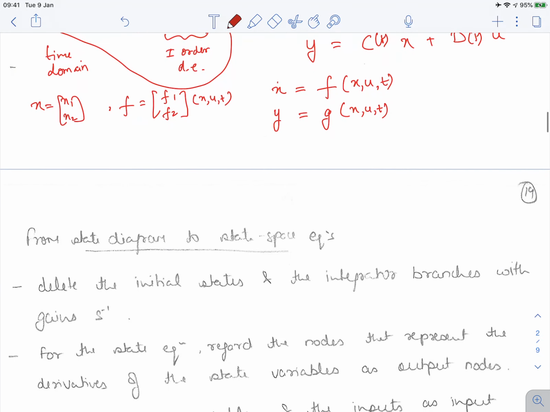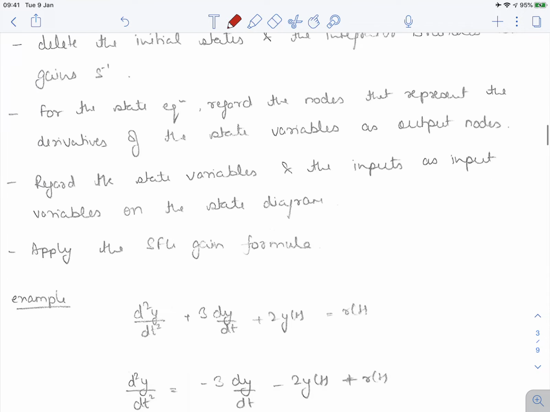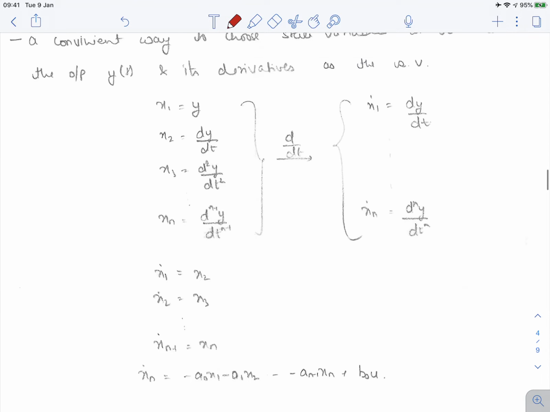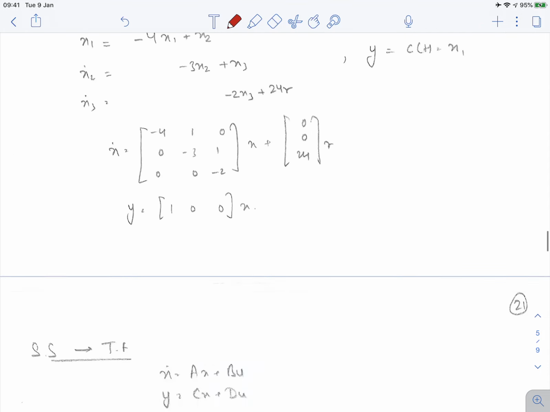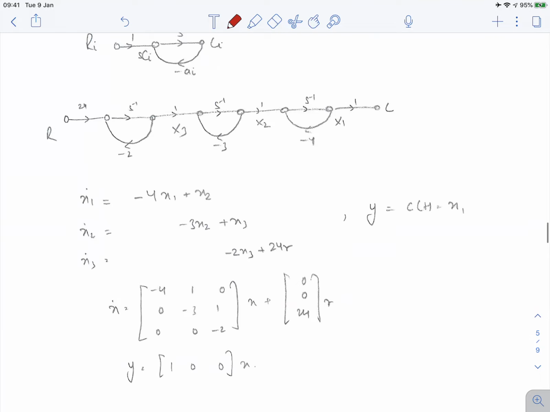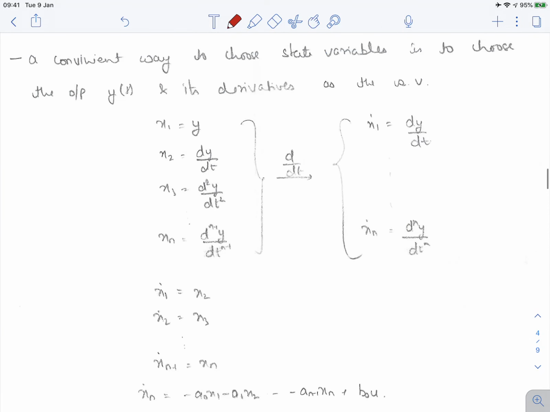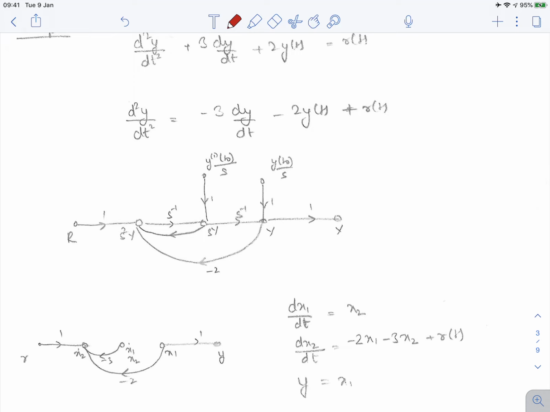So here in the next couple of pages you would see again the representation in signal flow graphs and state diagrams. We'll see in the next online meeting if there are other aspects.